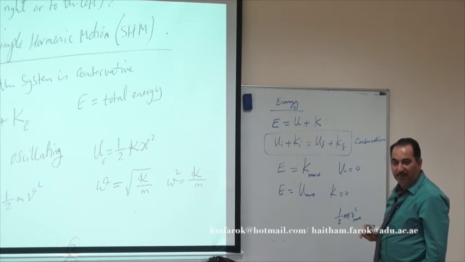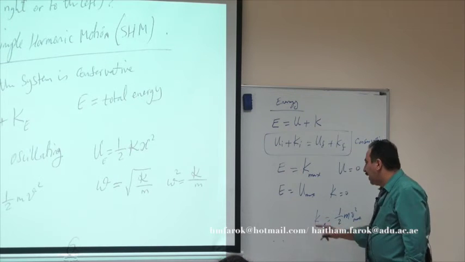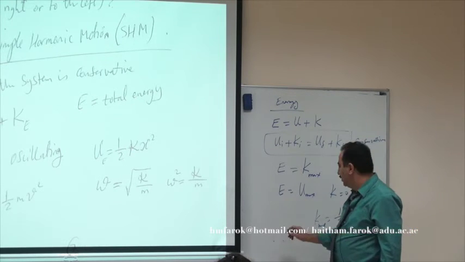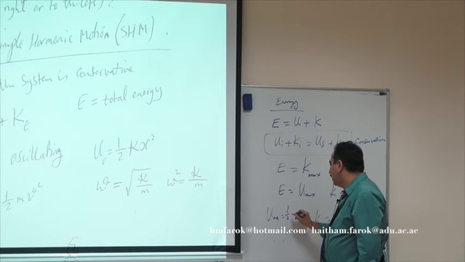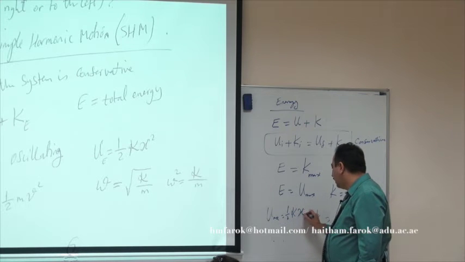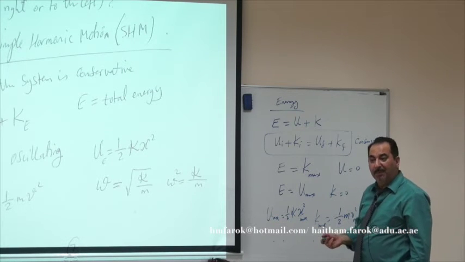Maximum velocity. This is kinetic max. And when you say U max, half, if it's a spring as example, kappa what? x squared what? But x squared max. What is x max? A, amplitude.